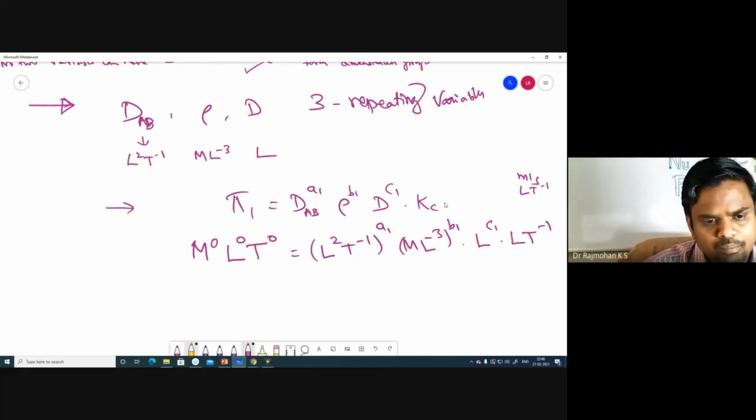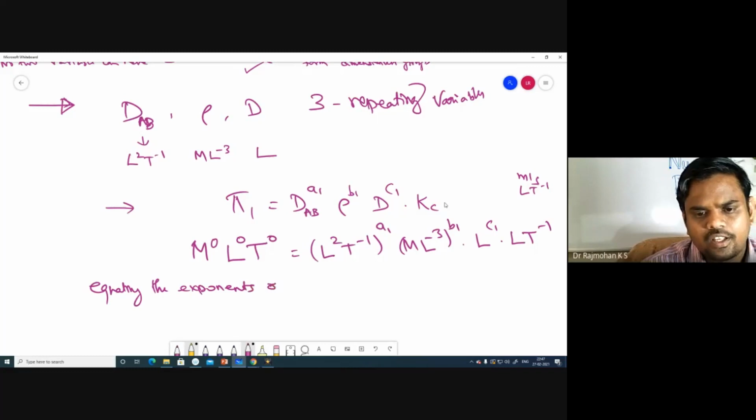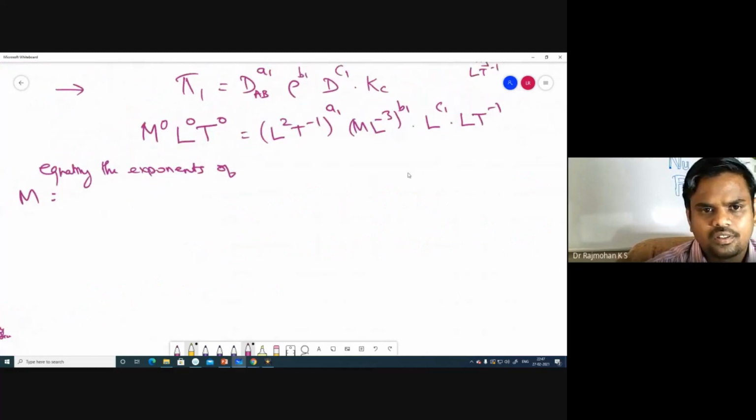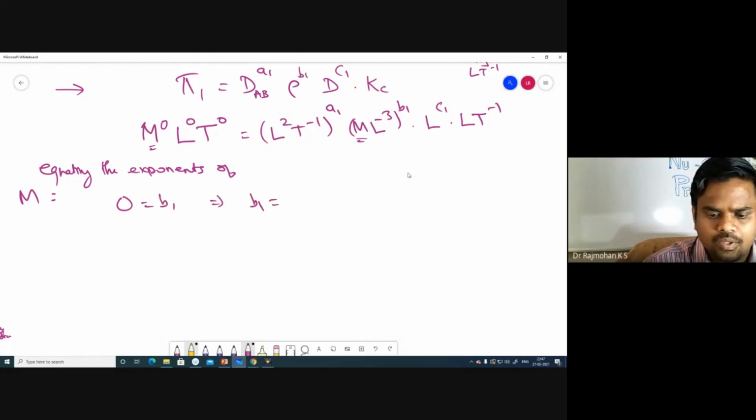Now we compare by equating the exponents of the dimension M. There is only one M here, so the left hand side is 0 and the right hand side is b1. So we get b1 equal to 0.